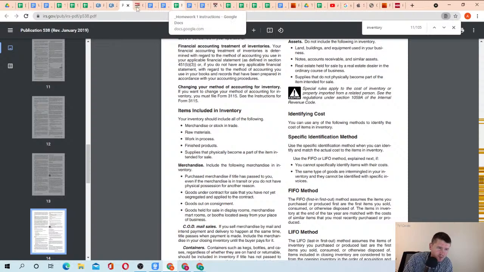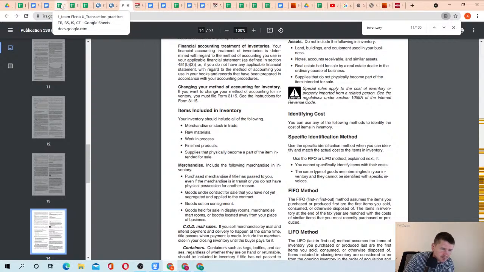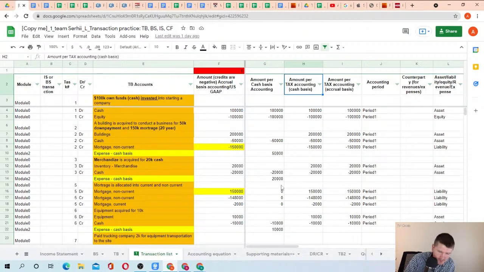Let's move back to our transactions. Okay. So even though you still have that as an expense under the cash basis, because that is finished goods, under the tax treatment, even if you use a cash basis, you will still capitalize it and not recognize it as an expense under the tax basis.